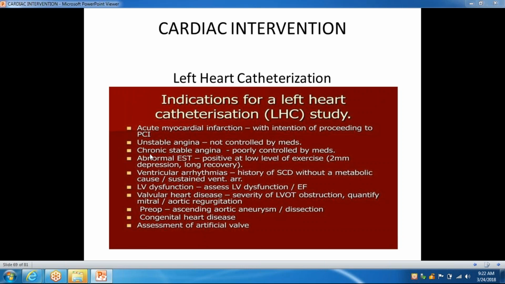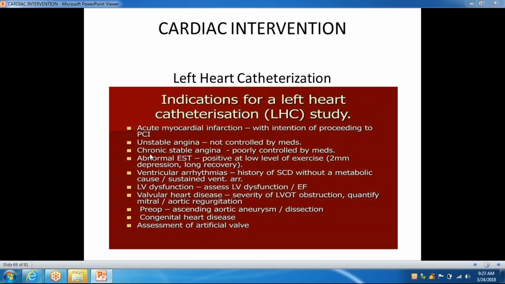And then patients with what we call chronic stable angina. Angina is when you have a blockage of the blood vessel around the heart. Stable angina is one where if you do any activity, then you get discomfort, tightness, burning, pressure.